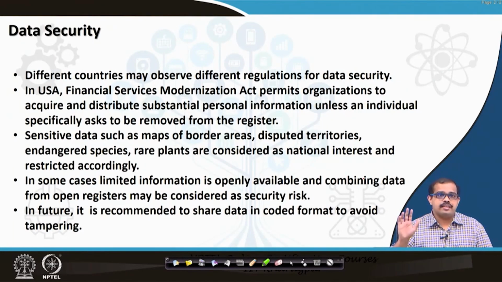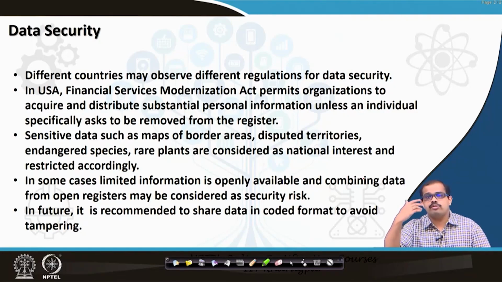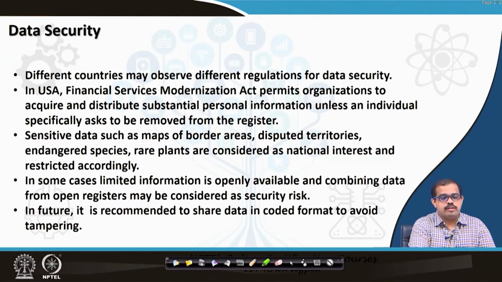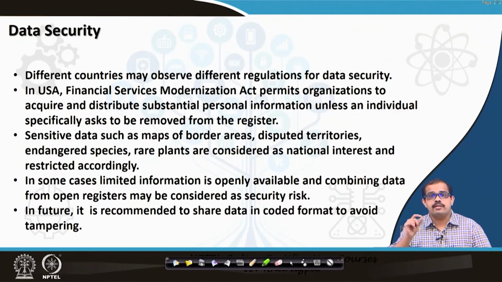And the final part is data security. Different countries have their own regulations. So, once the data is crossing the boundary, it is bound by that particular country's data regulation. In the USA, the Financial Services Modernization Act permits organizations to acquire and distribute substantial personal information unless an individual specifically asks to be removed from the registry.